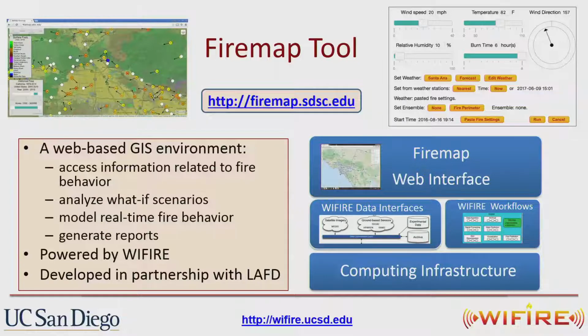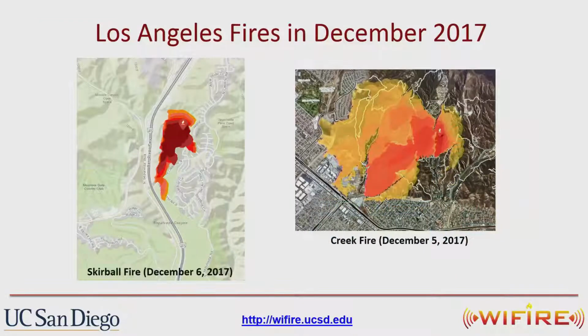And you can create simple Santa Ana and real-time fire analysis. You can create ensembles and things like that. And it was used through Los Angeles Fire Department and some other departments in the Southern California area in operational form. And we had 126 fire agencies across the state work with us in friendly mode to look at it and use some of the products.